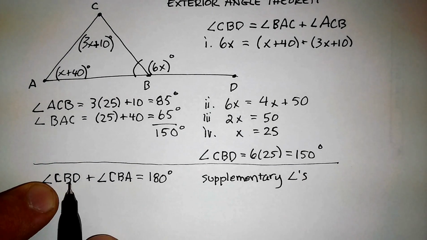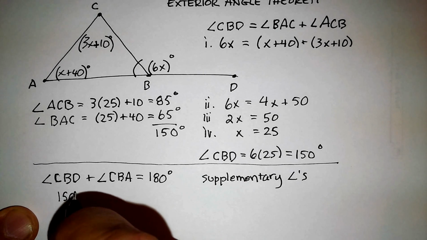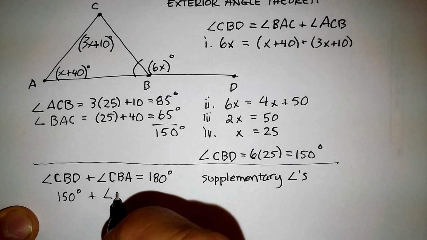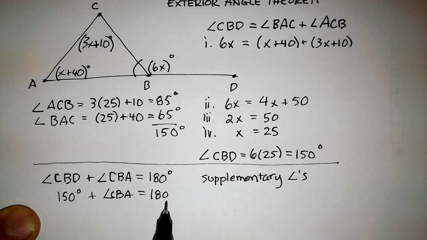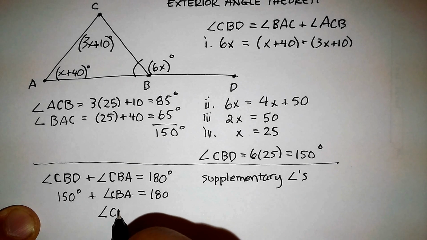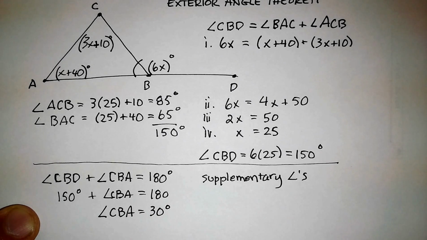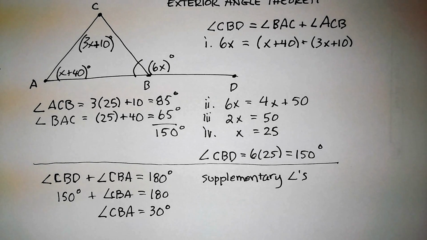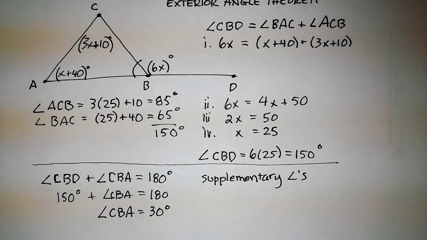the angle CBD is 150. So let's substitute that in. And let's subtract. So according to this information, this angle here should be 30 degrees.